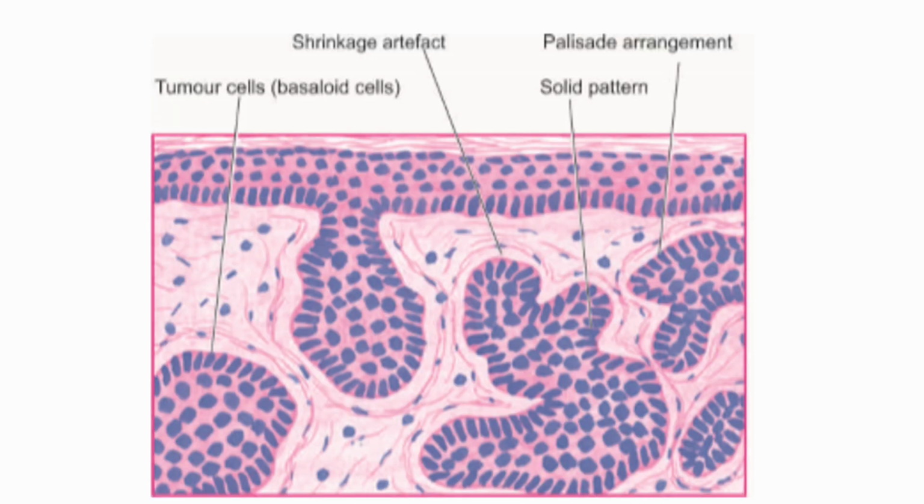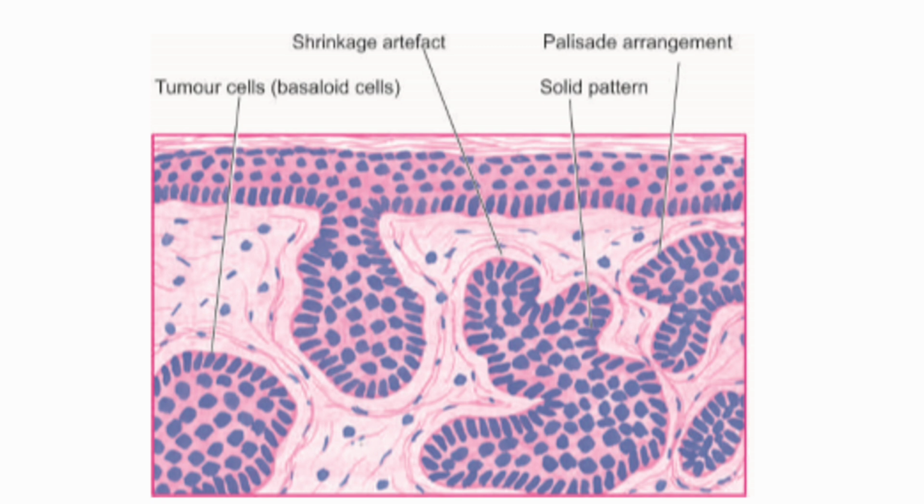So this is a diagrammatic representation. Here you can see these are the tumor cells or basaloid cells, and here you can see one gap. This is the shrinkage artifact, and this is the solid pattern, and this arrangement of tumor cells is known as palisading pattern or palisading arrangement.